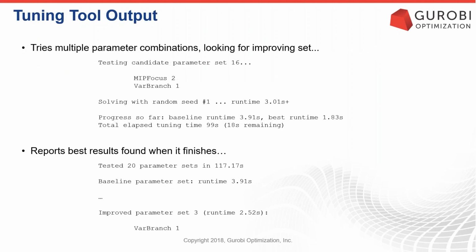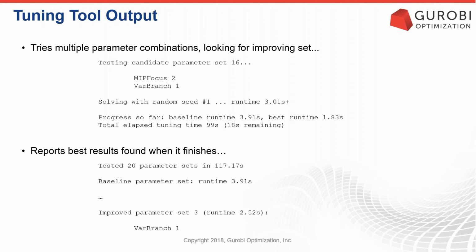If you run the tuning tool, this is how it looks. It tries multiple parameter combinations, and of course it looks for improvements. So you see log output like it's testing a candidate parameter set, and those get numbers. For example, here it's 16. So in this run, the models are run using the parameters MIP focus 2 and var branch 1.